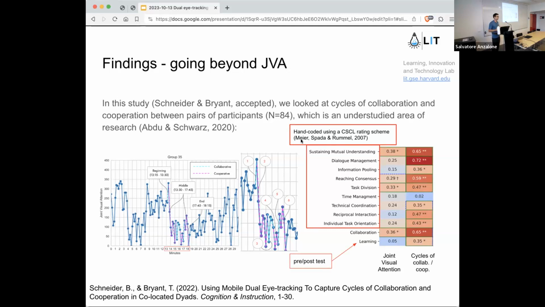So it sort of shows that it's not just about aligning your attention, it's also about how many times you iterate building the shared problem space. And that this kind of measure maybe can offer a proxy for this kind of interaction. We have lengthy qualitative analysis to sort of put more meat on those results in the paper that I invite you to look at if that's interesting to you.